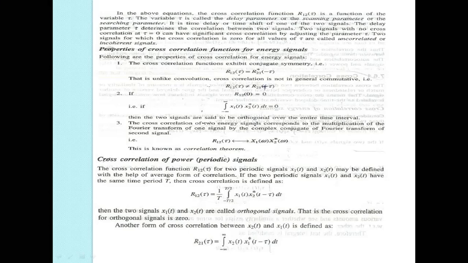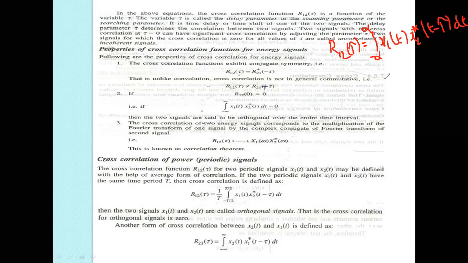Now, let us see the ambiguity we got. What is the formula here? R12 of tau is equal to the integral from minus infinity to infinity of x1 of t x2 star of t minus tau dt.